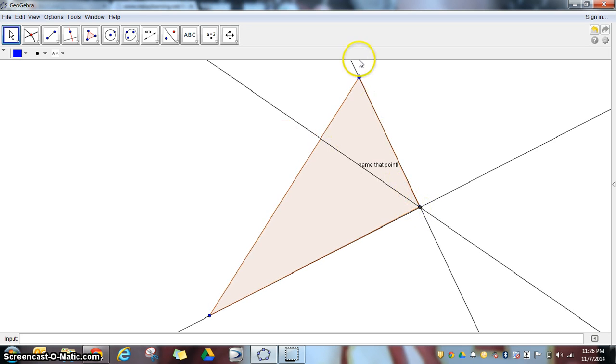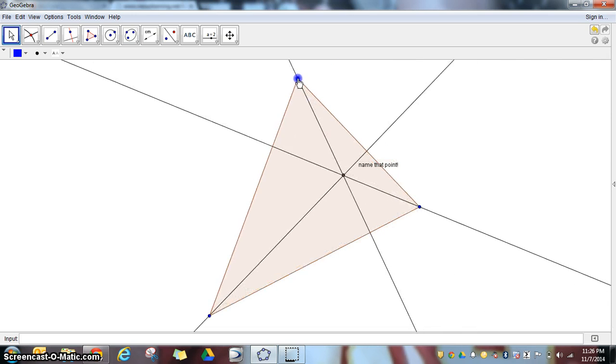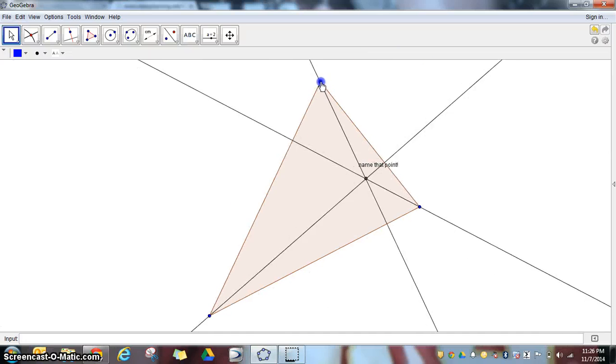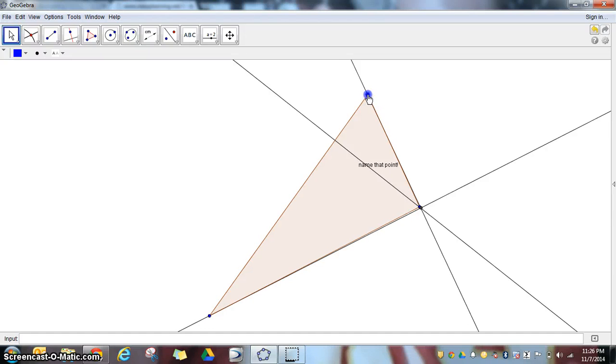Those altitudes all will meet right there at the right angle. And that's really kind of interesting and fairly useful in some different areas of geometry. If it's a right triangle, it just so happens to hit right there at that vertex.